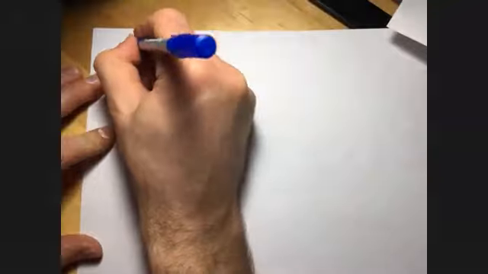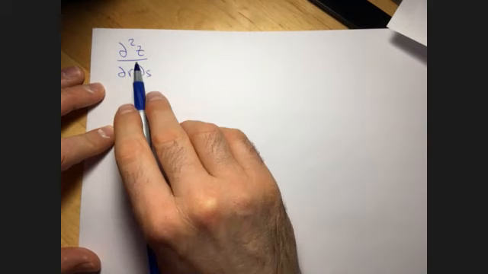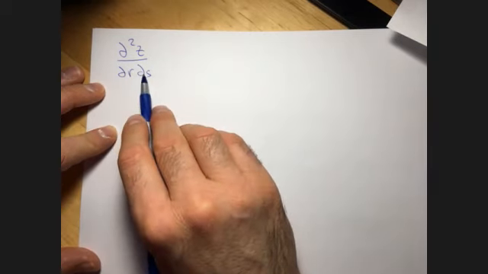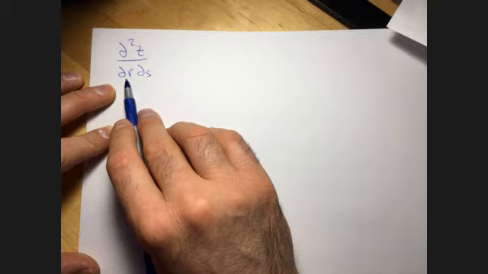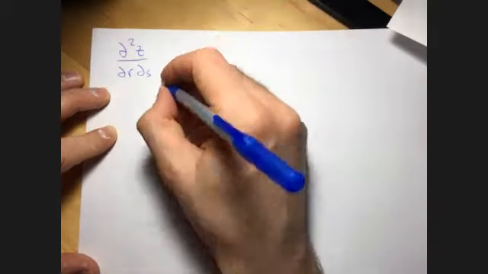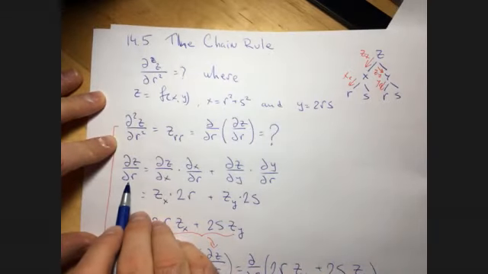Okay, sure. Let's just do this one, the same problem. The second order mixed derivative, partial r, partial s. This one says find first the derivative of z with respect to s, and then with respect to r. What do we know? We know partial z partial r.